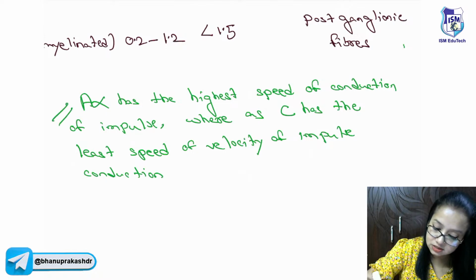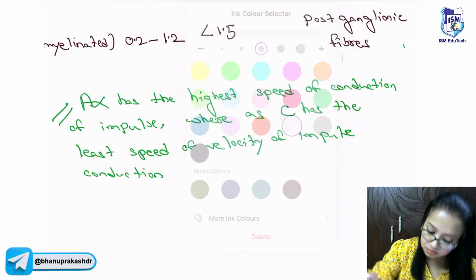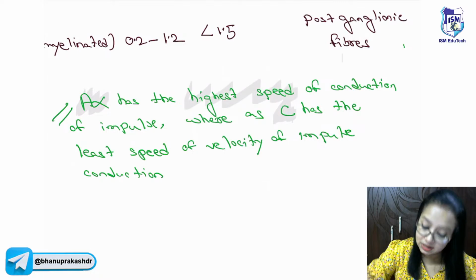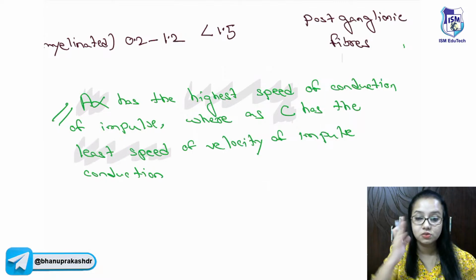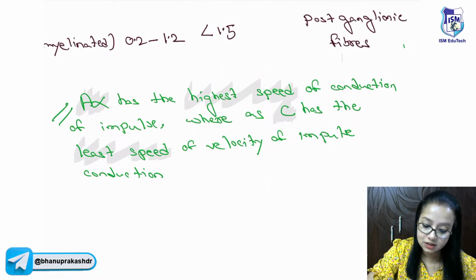Okay, this is our take. This is something we have to remember from what we studied. A alpha has the highest speed, and the C unmyelinated fiber has the least speed. Okay, this was the Erlanger and Gasser classification.